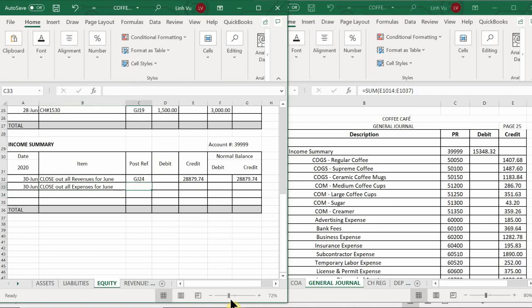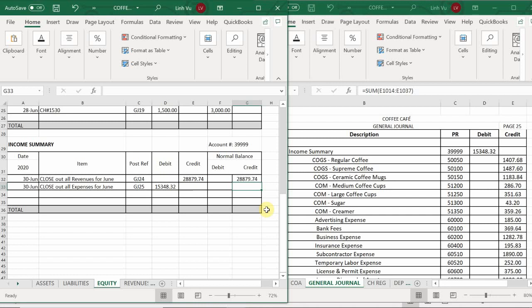Okay. General Journal 25 this time, and we're going to debit the account for the 15,348.32.